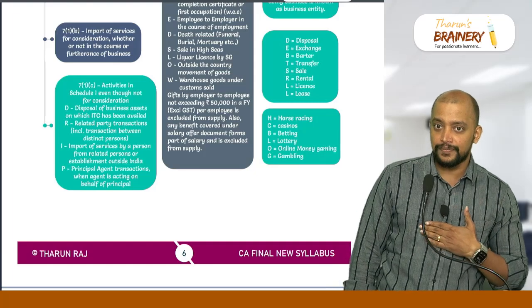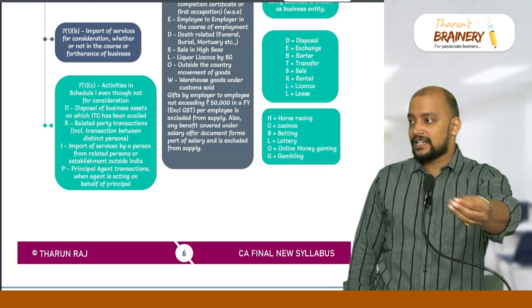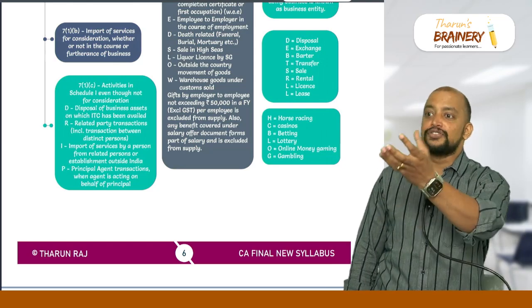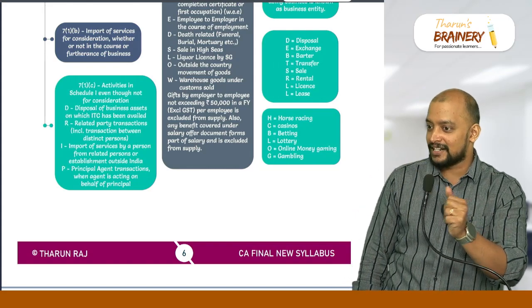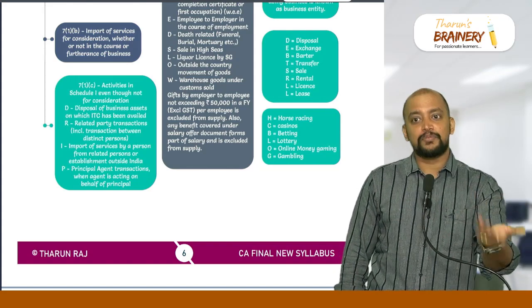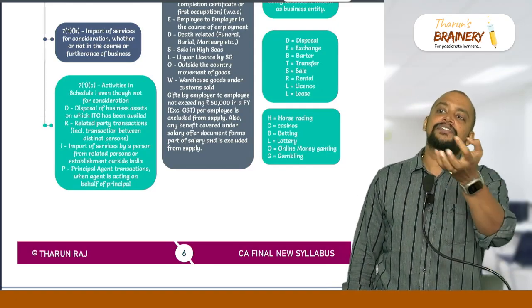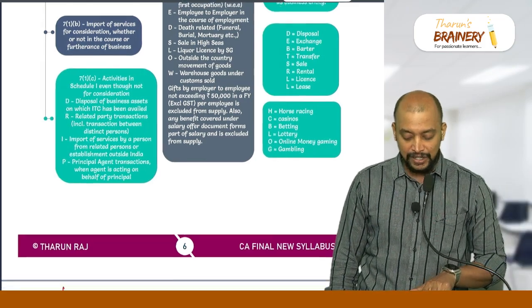What is a casino? When you go to that place, you deposit the money, they give you chips, not potato chips. These are different chips, color chips. Using the chips you can play, and you will lose sometimes, sometimes you will win, and whatever chips you won, you redeem them and you get the money. So that is called casinos.